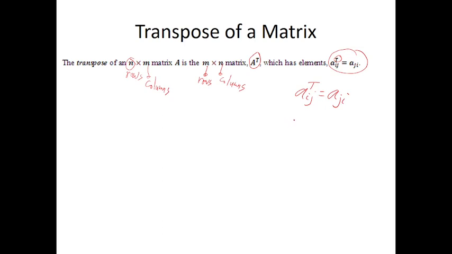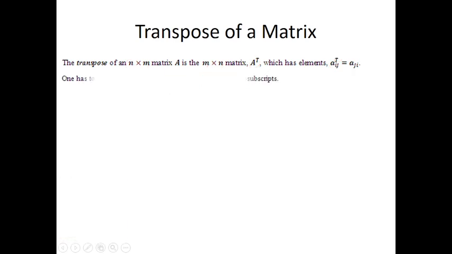For example, if I have A12, when transposed, that will be A21. I will illustrate later. So one has to interchange the column and row subscripts.